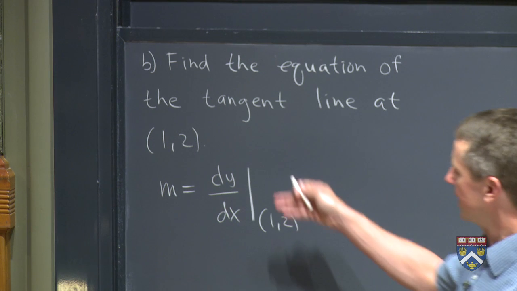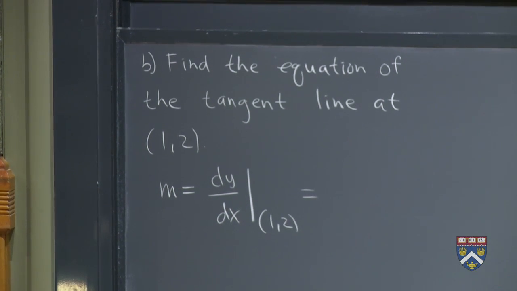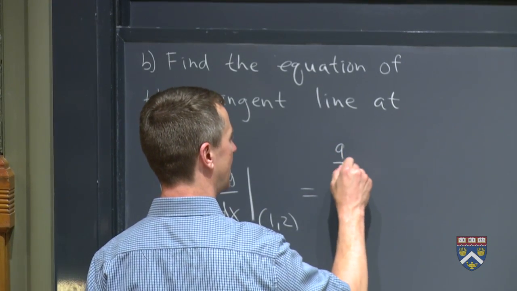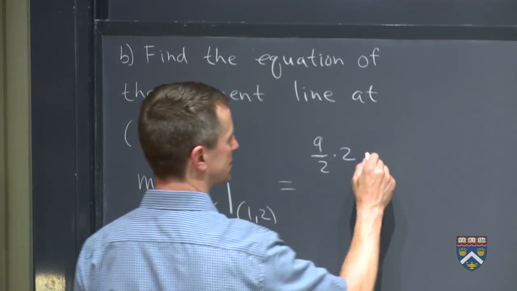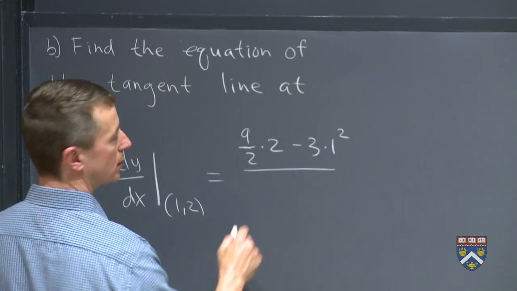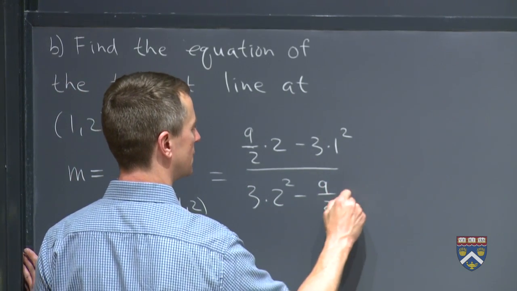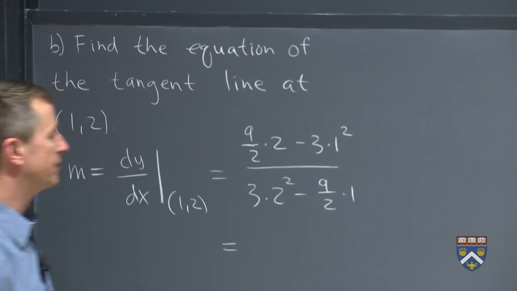That vertical line we said back in week 4 means evaluated at. So I'm going to plug 1 comma 2 into my formula for dy dx. So that's 9/2 times y, which is the 2, minus 3 times x squared, all over 3 times y squared minus 9/2 times x. And I think this will simplify pretty well.